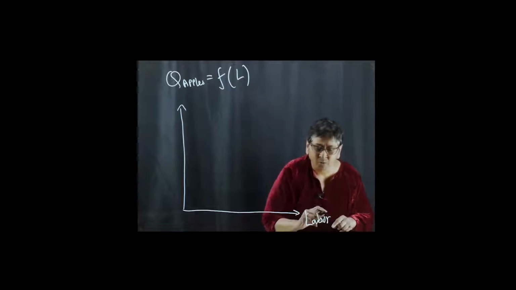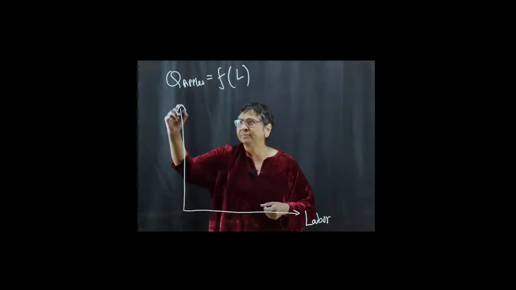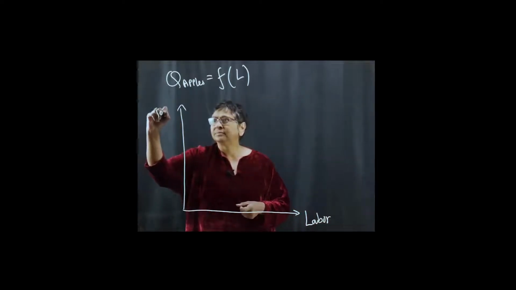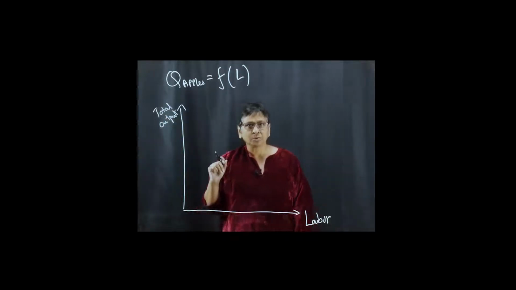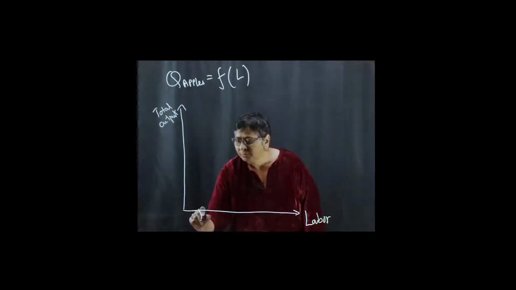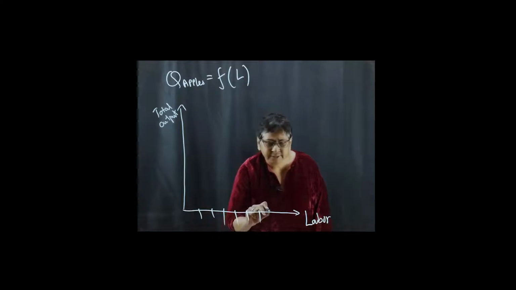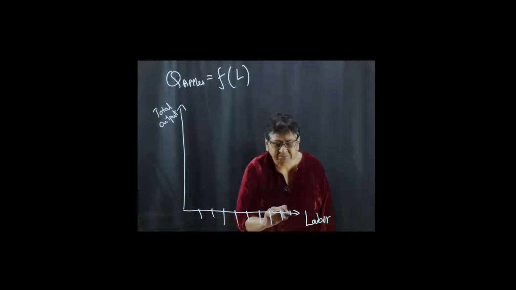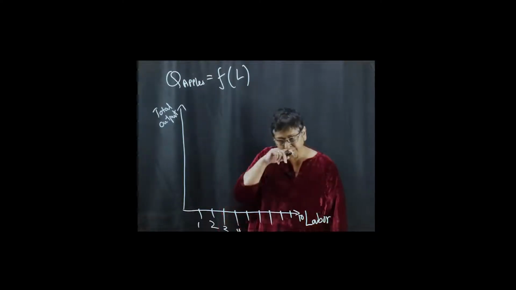So we're going to put a quantity of input down here. And we're going to put our total output over there, right? So I'm going to start with 1 worker, 2 workers, 3 workers, 4 workers, 5 workers, 6, 7, 8, 9, 10 workers.